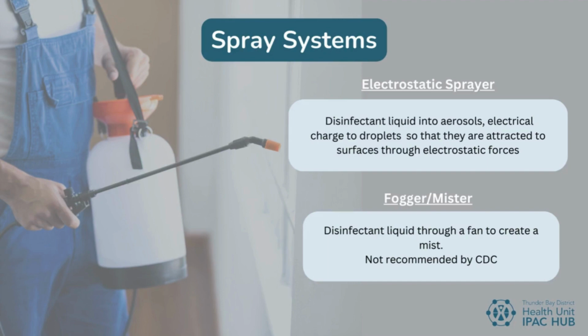Next, we're going to talk a little bit about spray disinfection systems. So there are two different types. One is an electrostatic sprayer and the other is a fogger or mister. An electrostatic sprayer is a device that works by applying a small electrical charge to tiny disinfectant droplets called aerosols when passing through that nozzle.